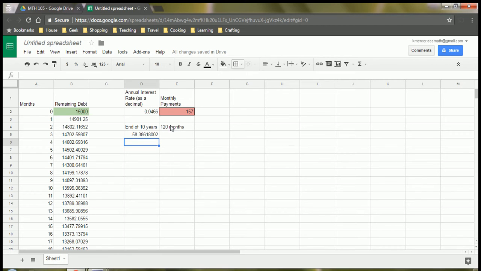So let's say we were guessing and checking this payment. We already know that this is the closest we can get to the nearest dollar, but let's go through this process again. So let's say my payments, I guessed that they were 300. I can see by how big this negative number is that that is far too much of a payment.